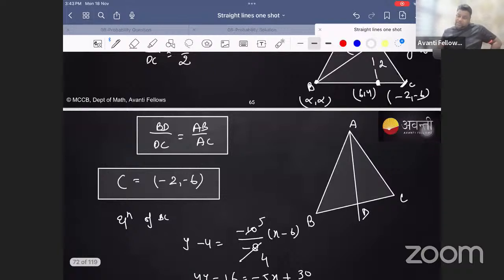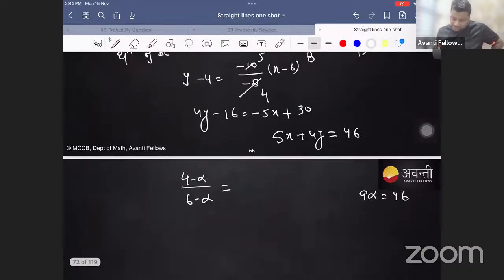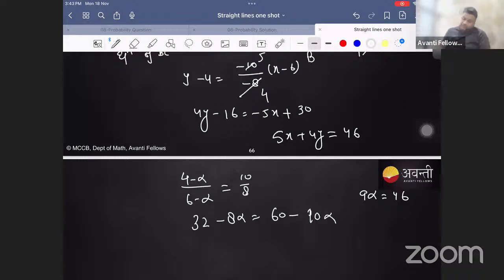But 32 minus 8 alpha is 60 minus 10 alpha, so 2 alpha is 28, so alpha is 14. That is fine.